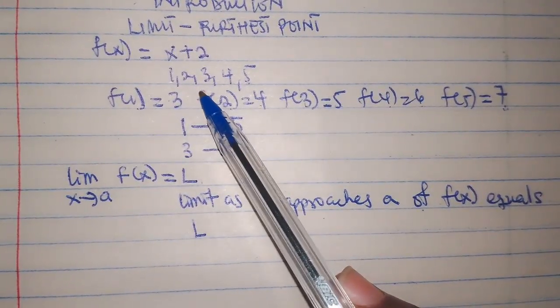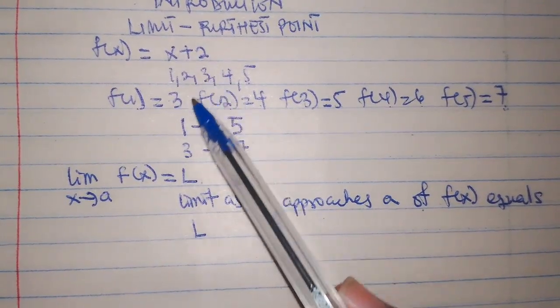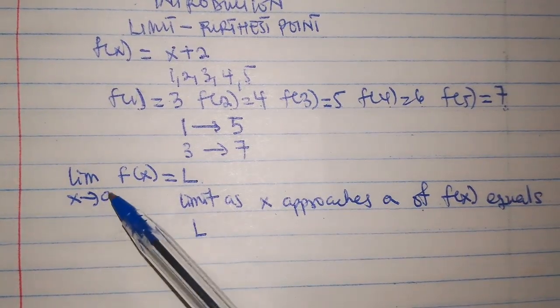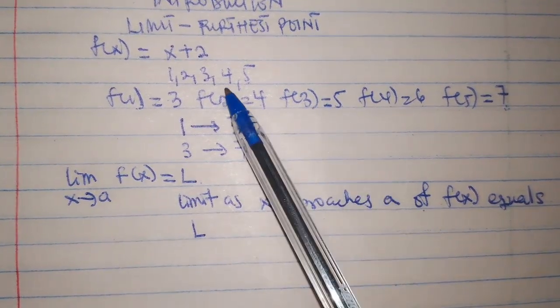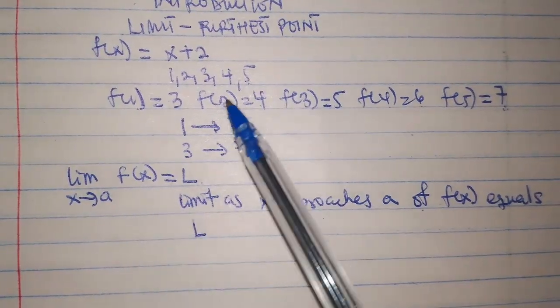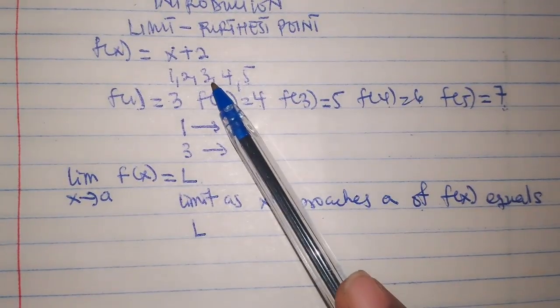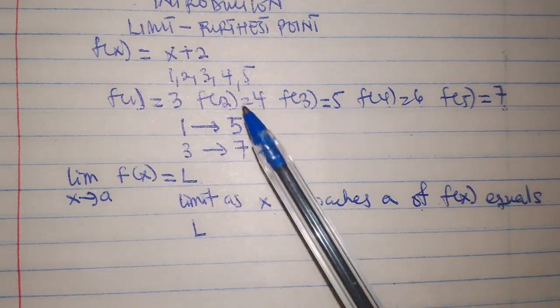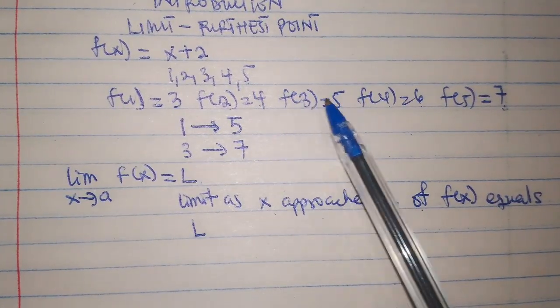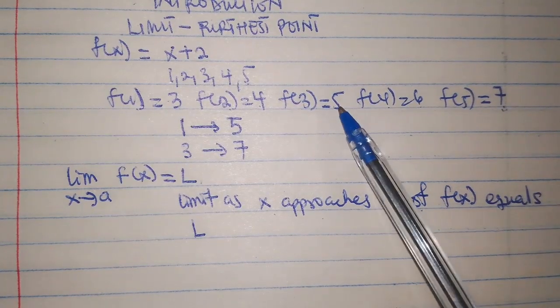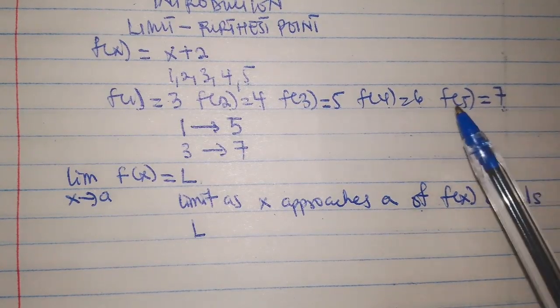If you look at this particular example, let's say our f of x is x plus 2. Now, as x approaches a, let's take our interval from 3 to 5. As 3 approaches 5, the values 5 and 6 are actually close to 7.